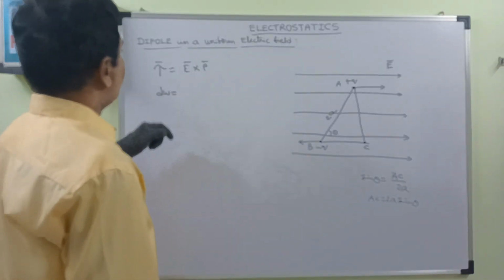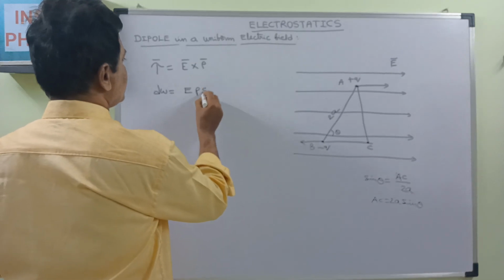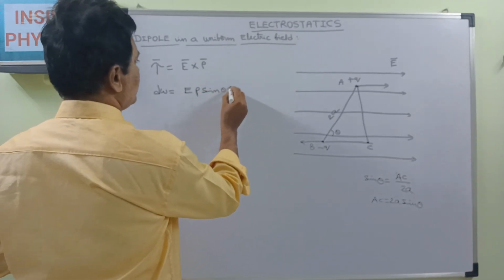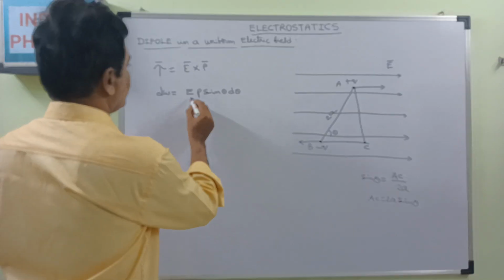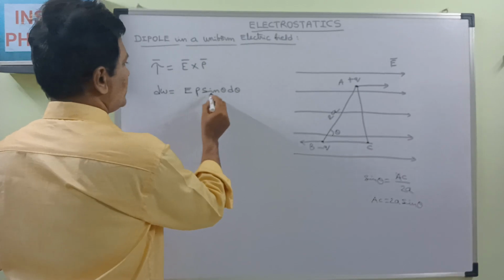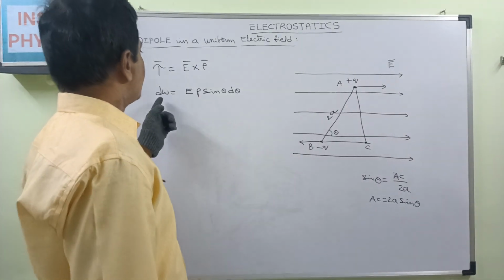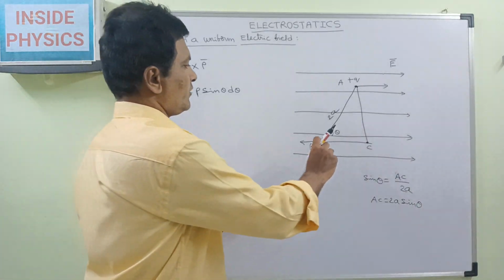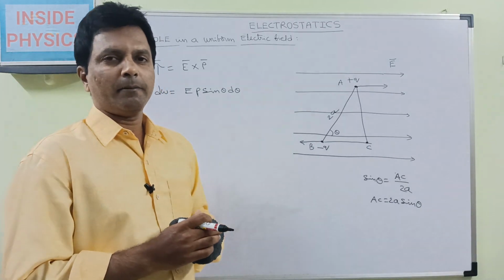So here the small work done will be EP sin theta d theta. So this is the force I am writing here. E bar cross P bar is EP sin theta d theta. So here this is the small work done in rotating the dipole through a small angle d theta.